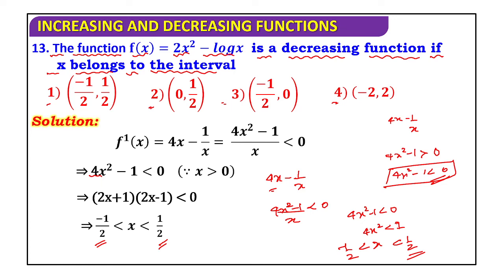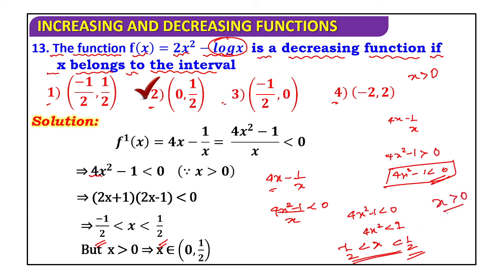Therefore, problem number 13 gives option 2 as the right answer, because log x is defined only for x greater than 0. So for this interval, you have to take x greater than 0.